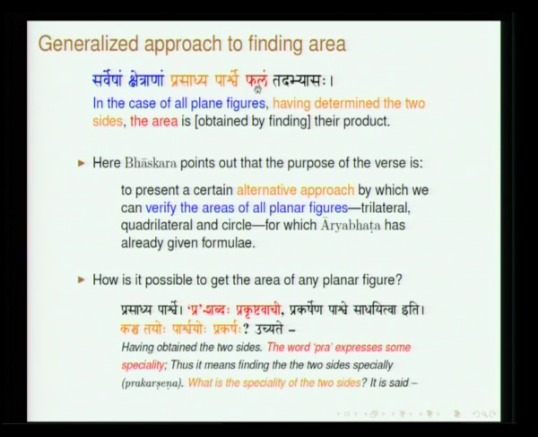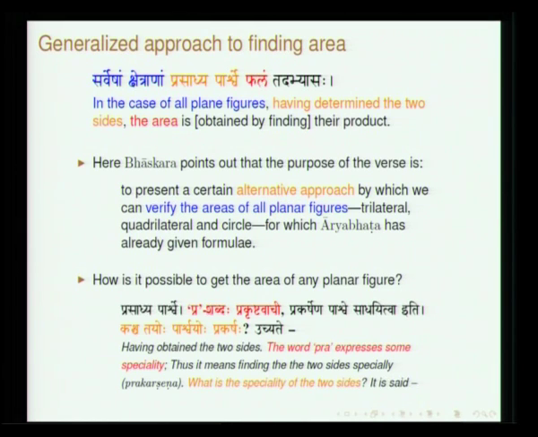Sarvesham kshetranam. Kshetra is a geometrical figure, I said. Sarvesham kshetranam, all the geometrical figures, prasadhya parshve phalam tadabhyasaha. So you have to find the appropriate value of the sides and take a product of this.